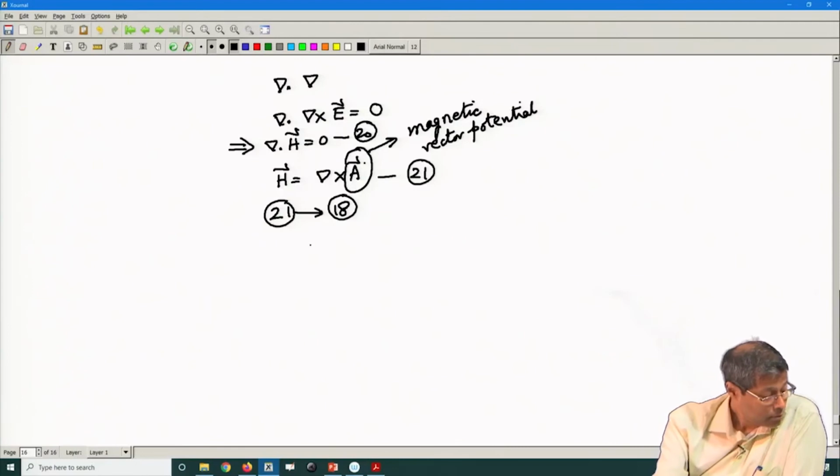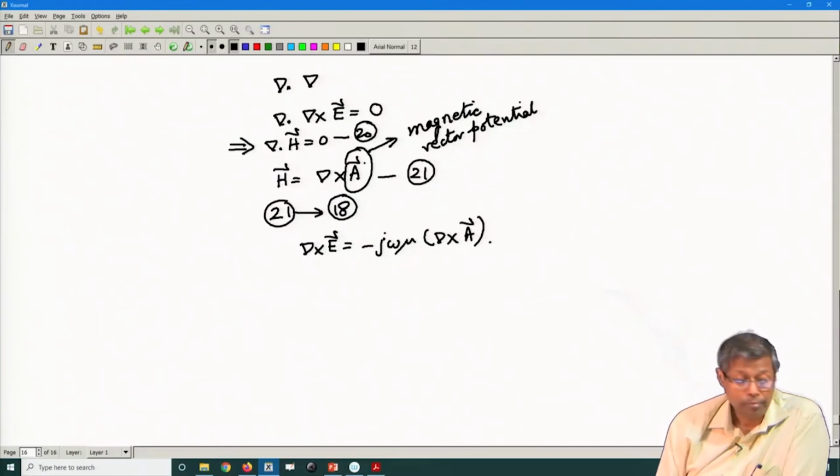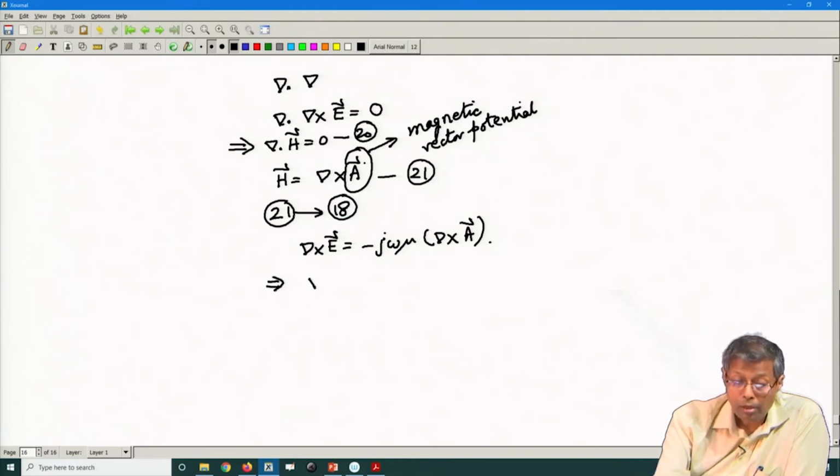Then we will get curl of E as minus j omega mu curl of A, or curl of E plus j omega mu A is 0.